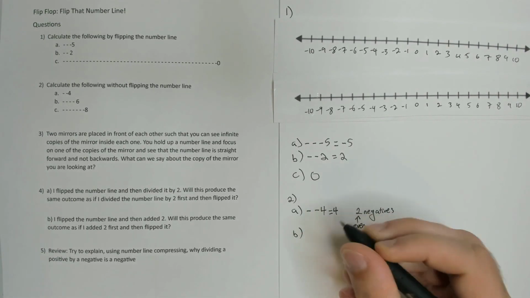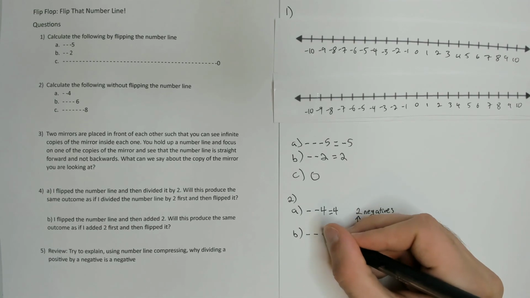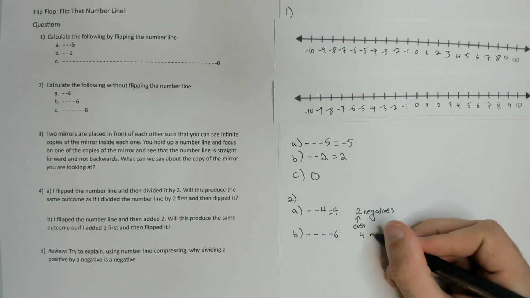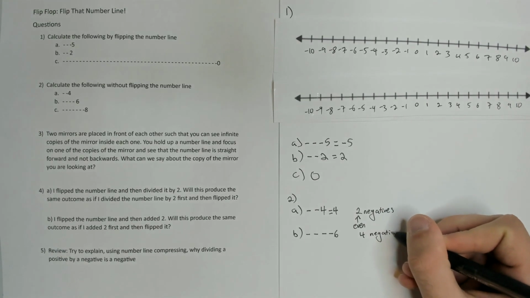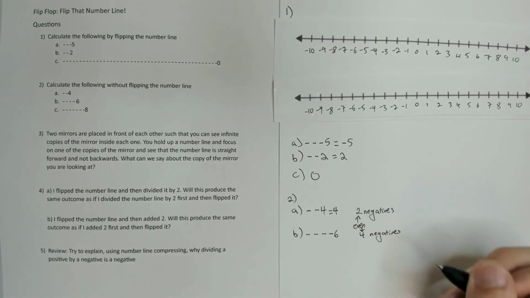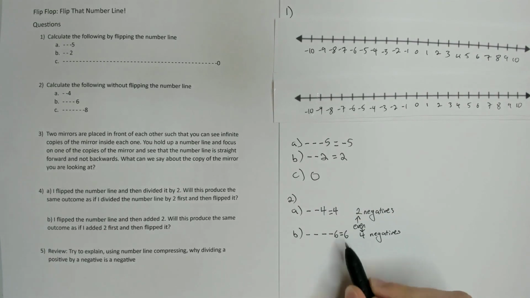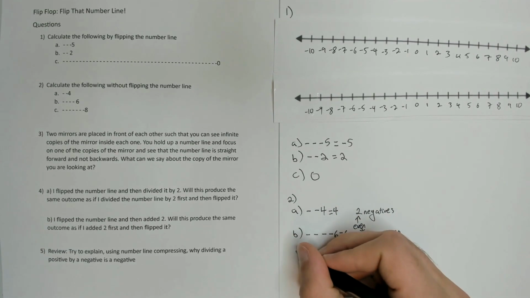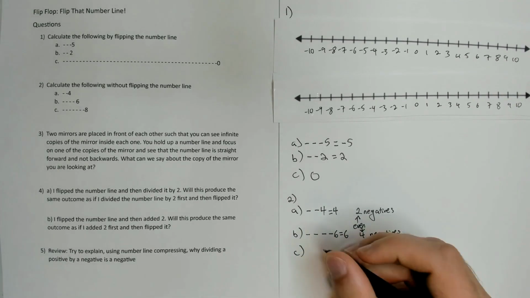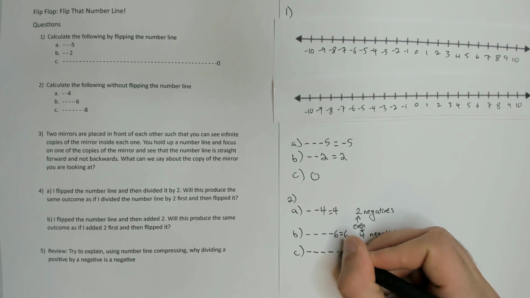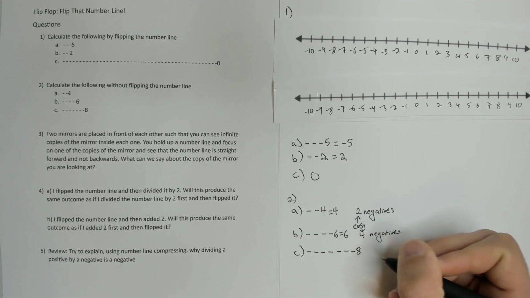Alright, and part B, we have negative, negative, negative, negative 6. In this case, we have 4 negatives, which is also an even number, right? So that means this has to equal 6, because we get back to where we started with an even number of flips. And lastly, part C, we have 1, 2, 3, 4, 5, 6, 7 negatives here.